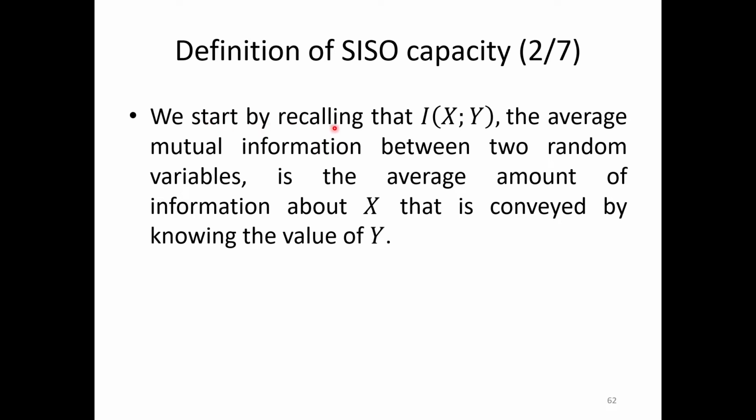We start by recalling that I of xy, the average mutual information between two random variables, is the average amount of information about x that is conveyed by knowing the value of y.